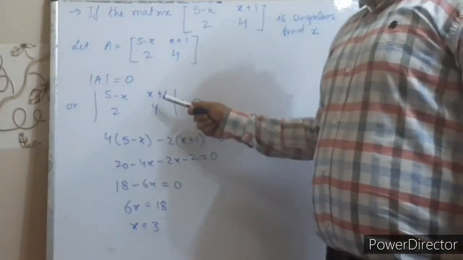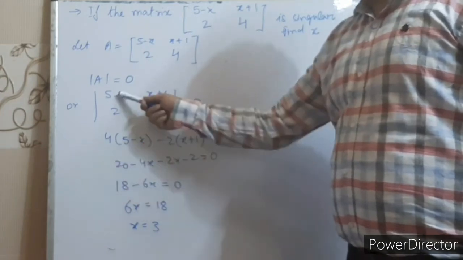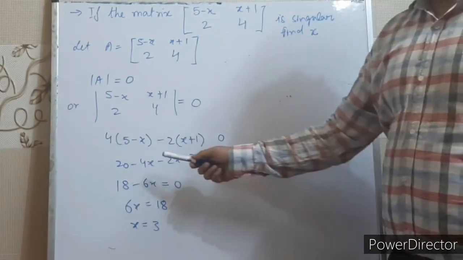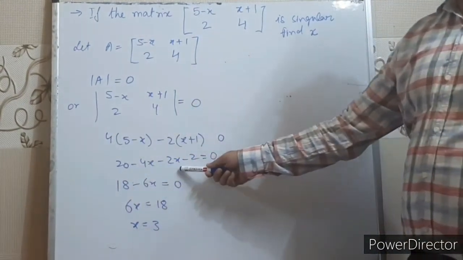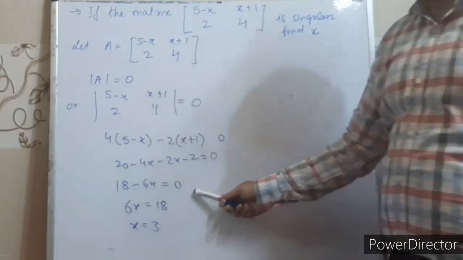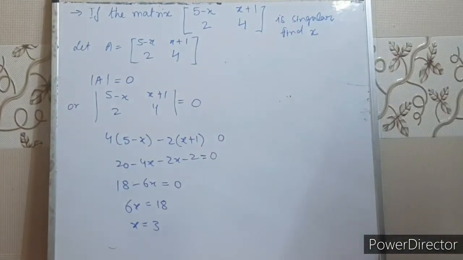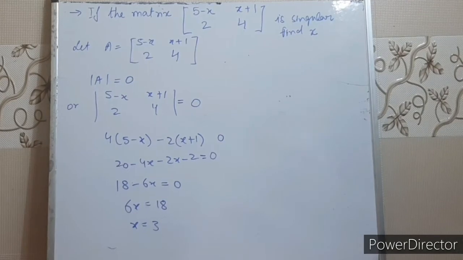So we convert this matrix into a determinant and then expand. Right? We know how to expand this. What we'll get? 20 minus 4x minus (2x minus 2) equals 0. That means 18 minus 6x equals 0. 6x equals 18, then x equals 3. Right, children? Note down, please.